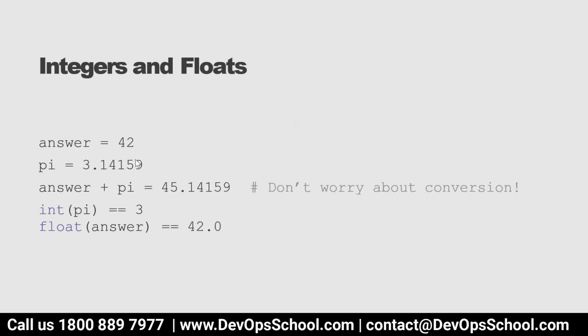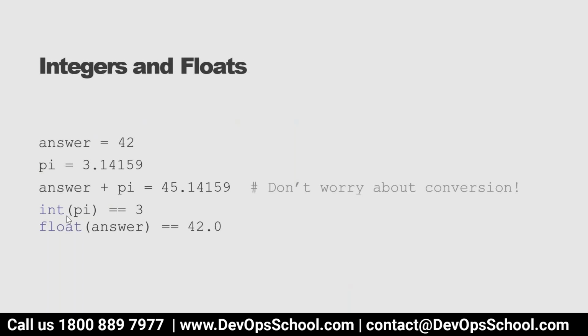I thought it is a type conversion, this int of pi, because pi is in float and then we are converting it into int. In this case, you are having the assignment operator where you are comparing whether int pi is equal to 3 or not. Here you are trying to convert that.